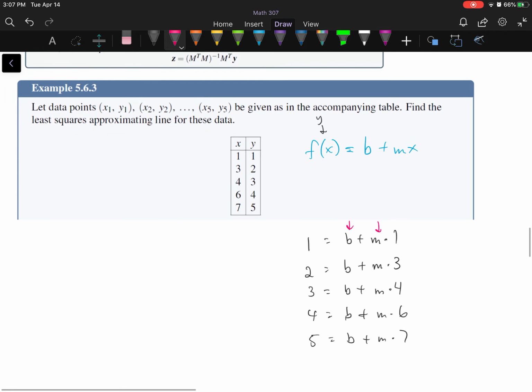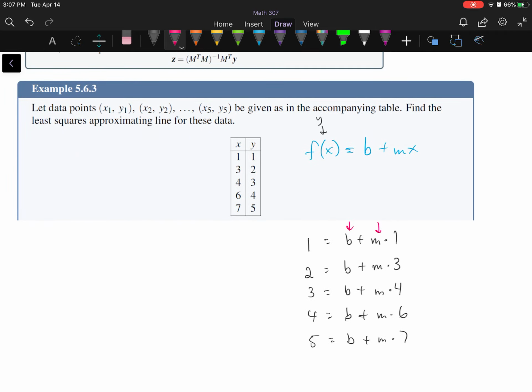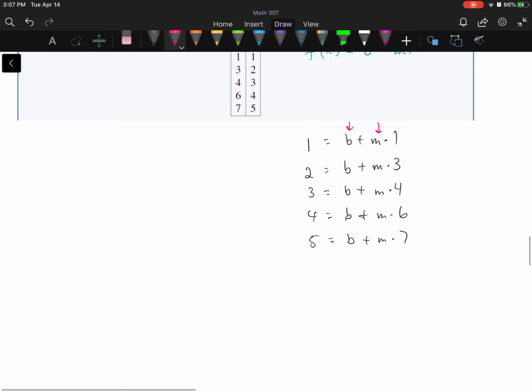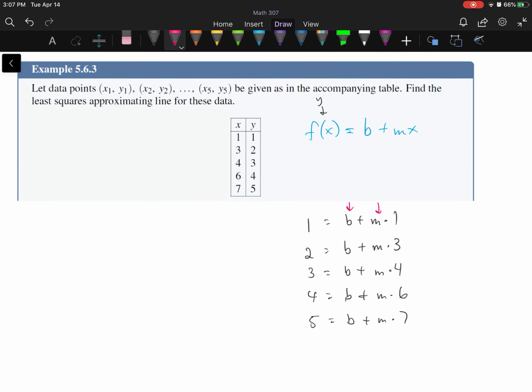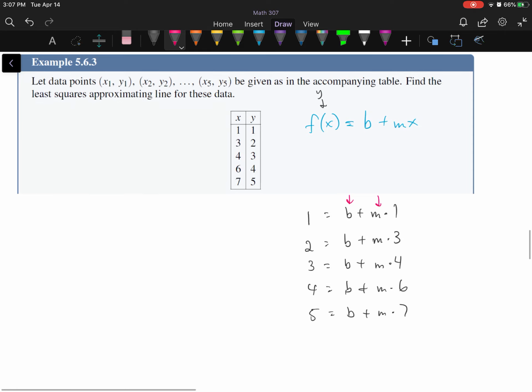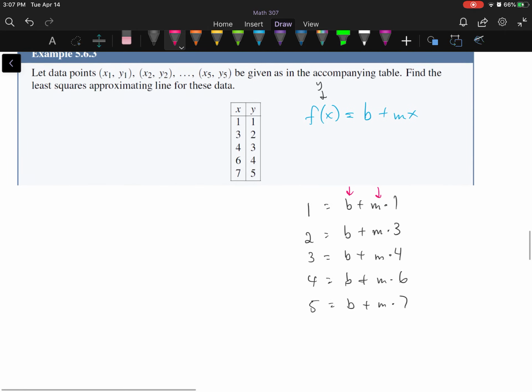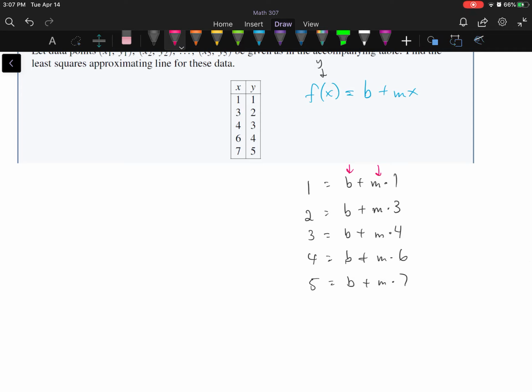Earlier on, we were calling these A, AX equals B. And there's even M's and B's and Y's down in here. So this lesson is an alphabet soup, but I hope that you're able to follow along and realize which of these are just numbers, which of these are vectors. I'm sorry that this gets hairy. Anyways, I'm using B and M here as the y-intercept and the slope of various lines.